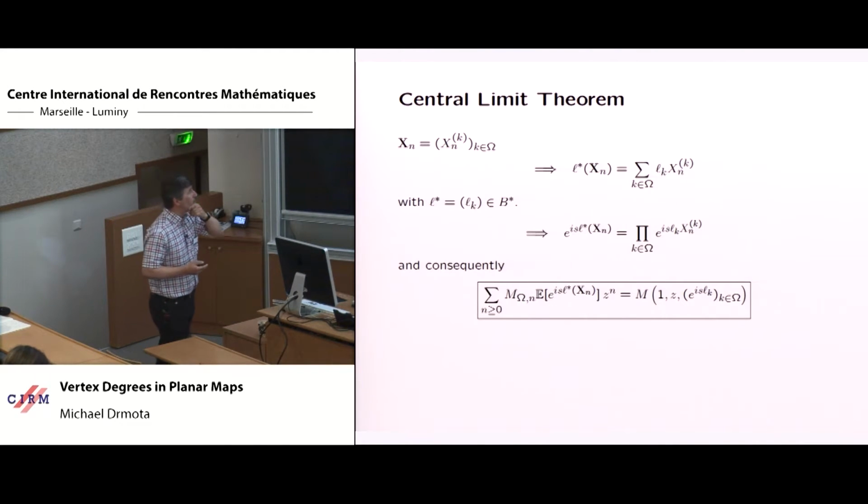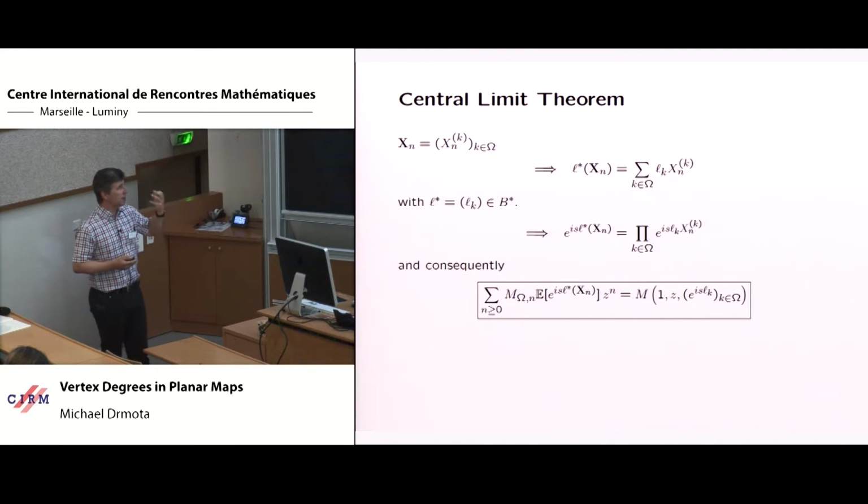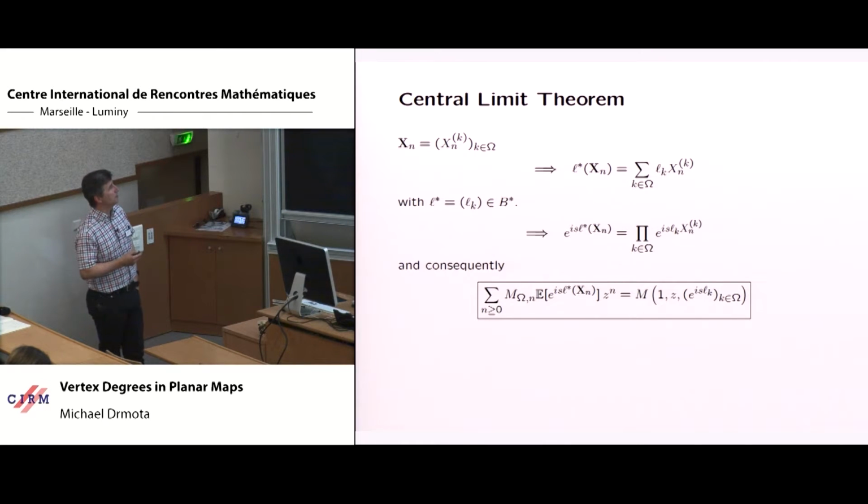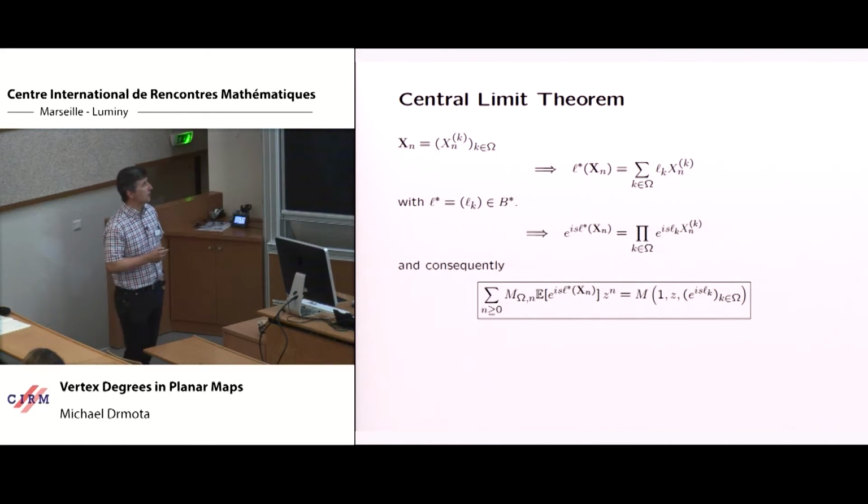Concerning theorem 2, the same kind of philosophy applies. So the point is that if you have this random vector of random variables that count the number of faces of valency k, and you put it together into one possibly infinite vector, then in our setting, a continuous functional is just a linear combination of this, where the Lk are related to this linear functional.